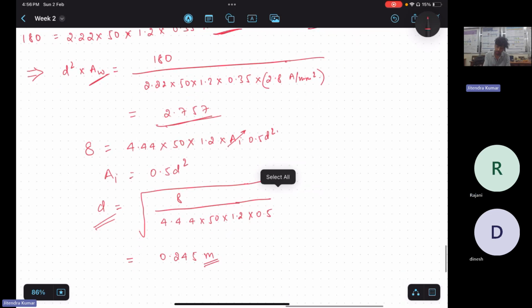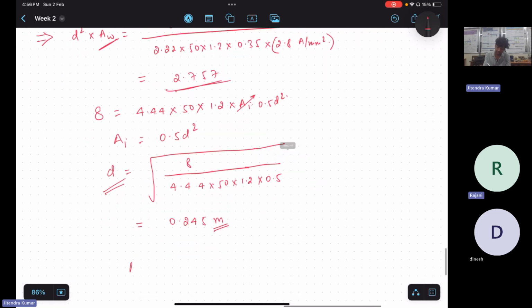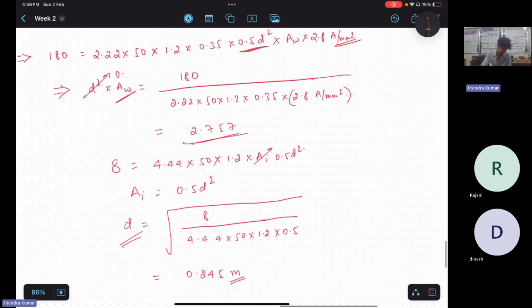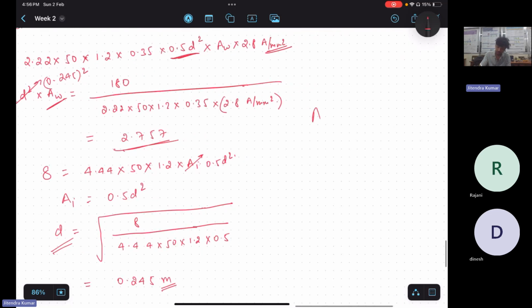So area of window, we can calculate. We can plug in the value of d square here, 0.245 square. So AW will be equal to 2.757 divided by 0.245 square.